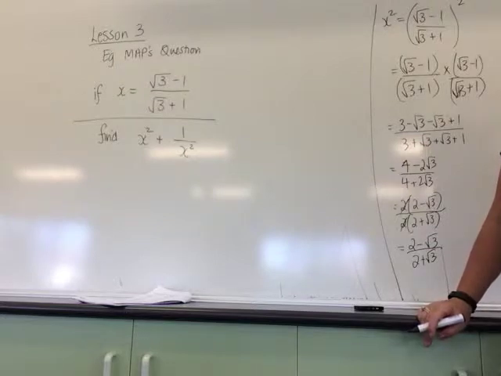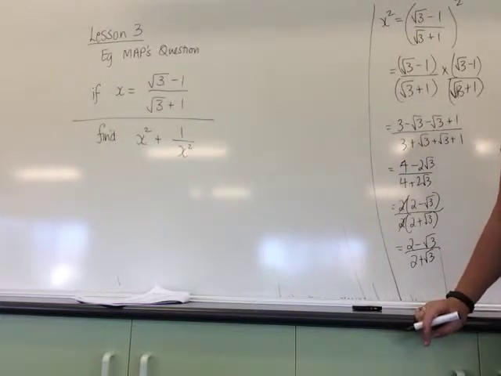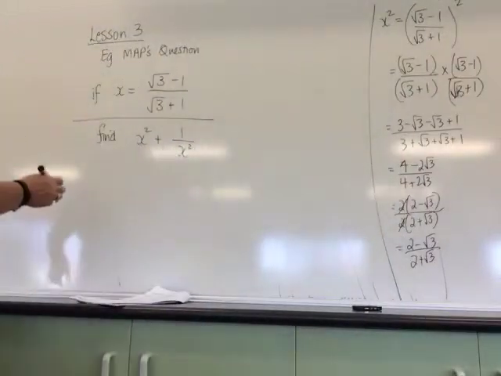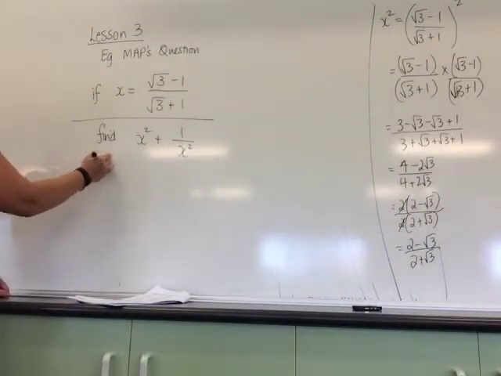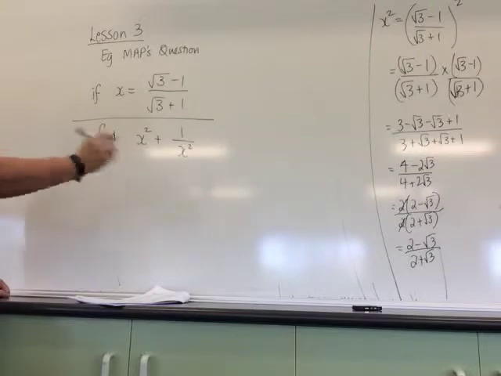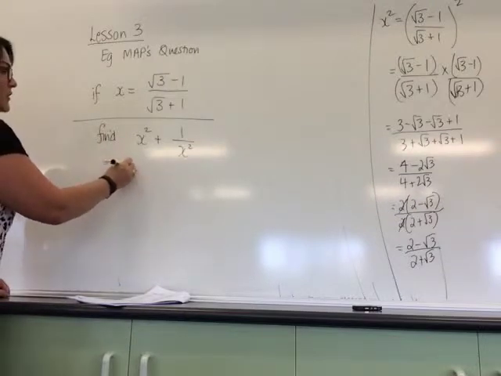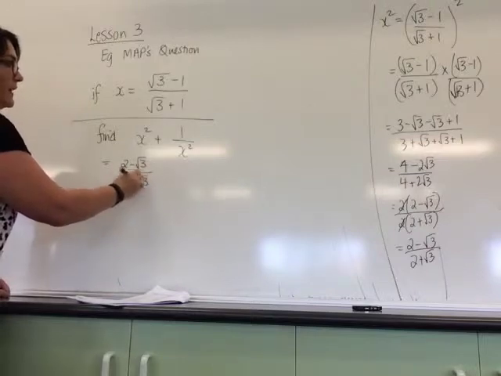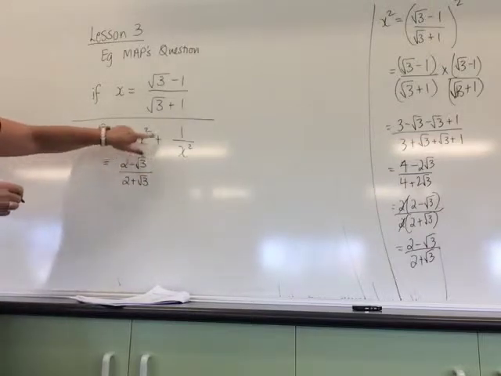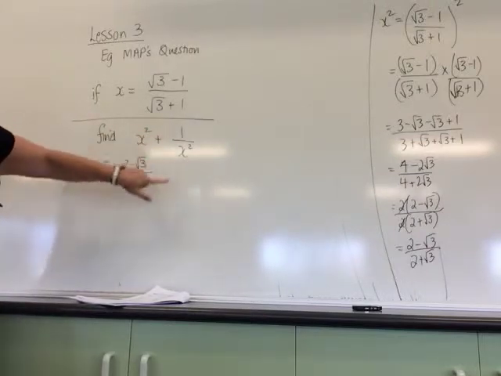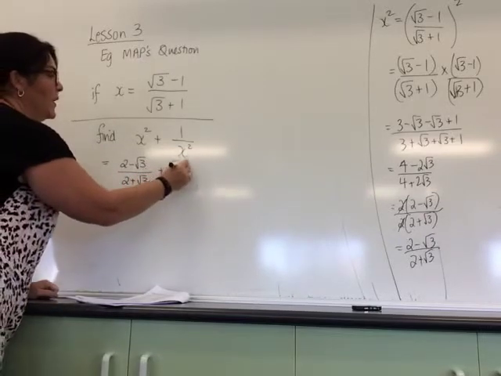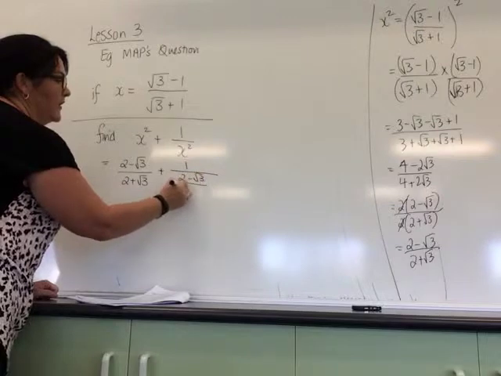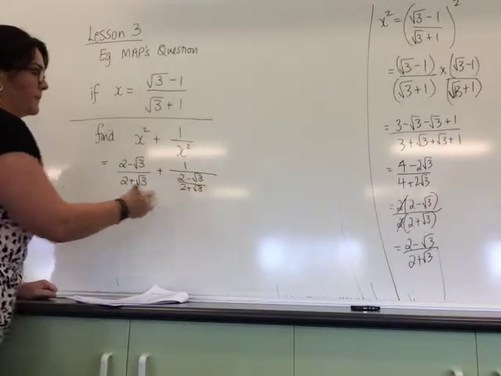I am going to take it from that point and now put it back into my original question. So that's going to be x squared, which is what I have over there, 2 minus root 3 over 2 plus root 3, plus 1 all over 2 minus root 3 over 2 plus root 3.